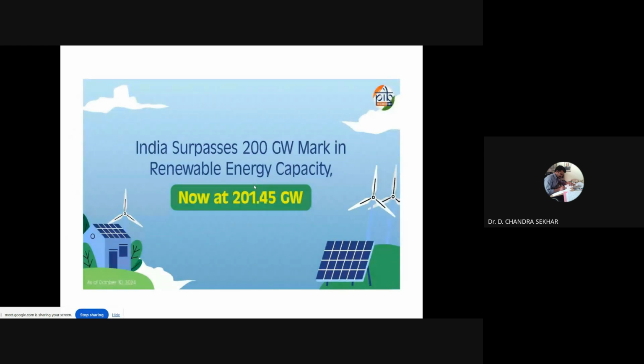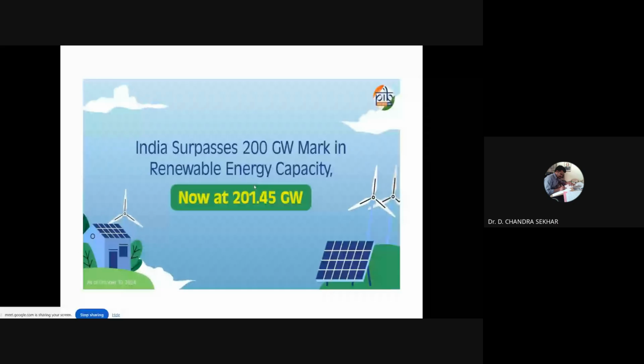And now I will share a few facts about our power grid network of India, where we are in renewable energy resources. India surpasses the 200 gigawatts mark in renewable energy capacity.